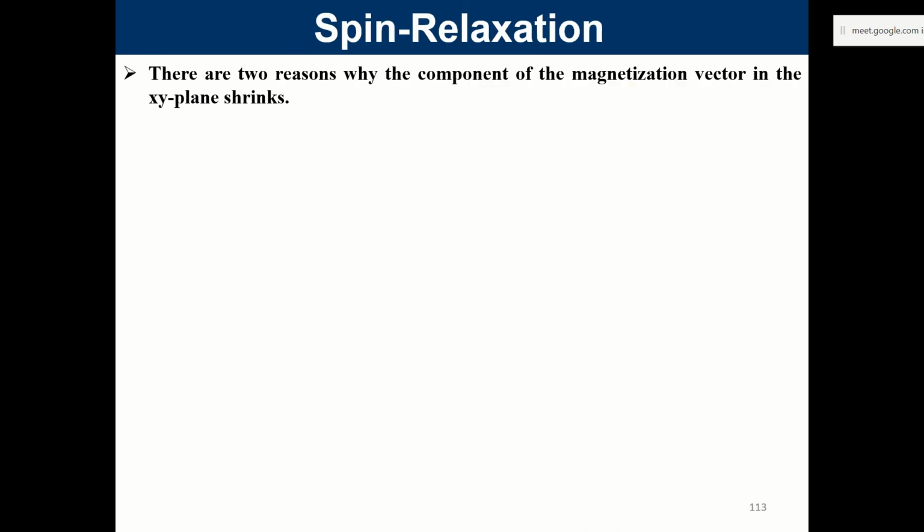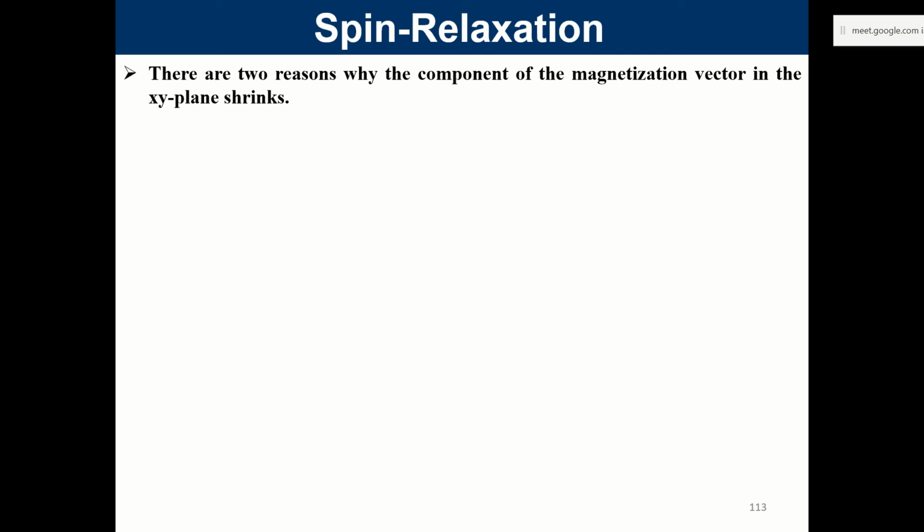I think we can talk about relaxation, spin relaxation, in the next class. That will be important. You have learnt about how a pulsed NMR is conducted, how it is resolved into components, and the basic idea of the precessions, the Larmor precession.